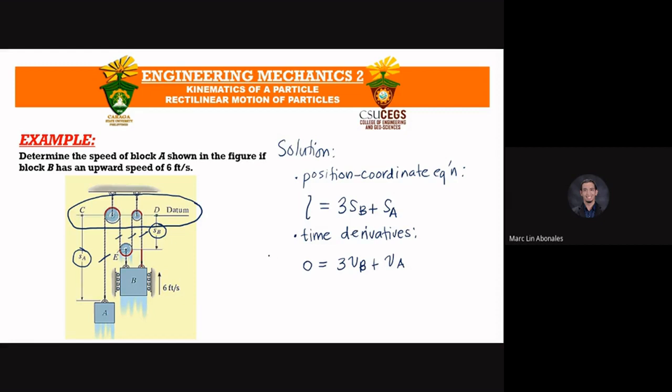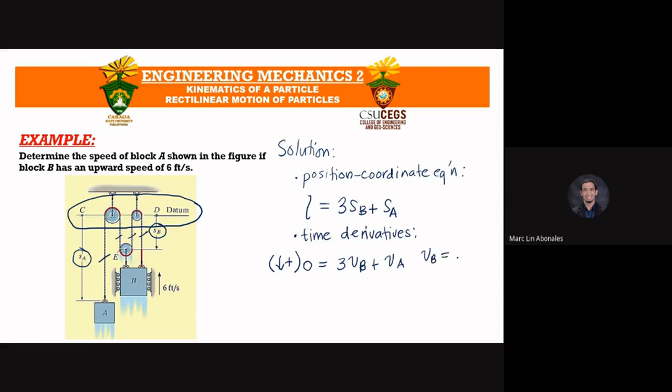Since we base on our datum shown above, we also identify the positive sense. We consider downward as the positive sense. When we substitute values in this equation, we base on the positive sense of our pulley system.